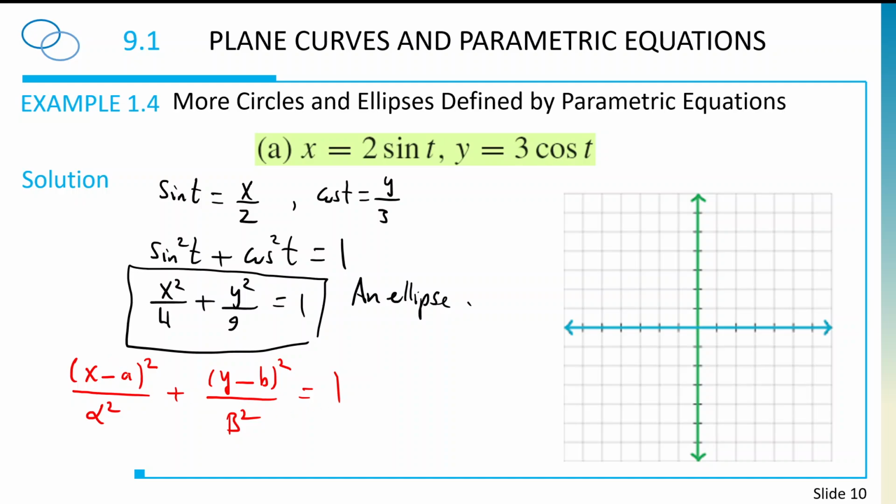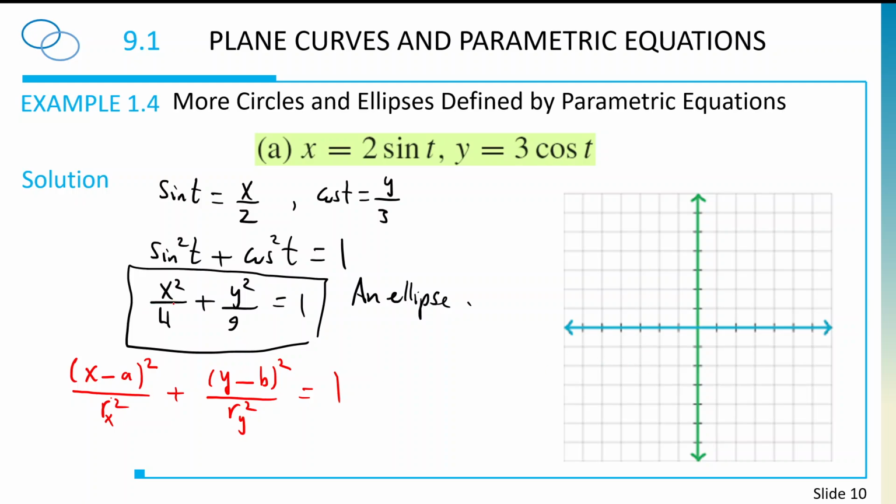Now these values here, a and b, are the center. Alpha squared you can think of as r of x squared, and this is r of y squared. So this is the radius over the x-axis, and this is the radius over the y-axis.